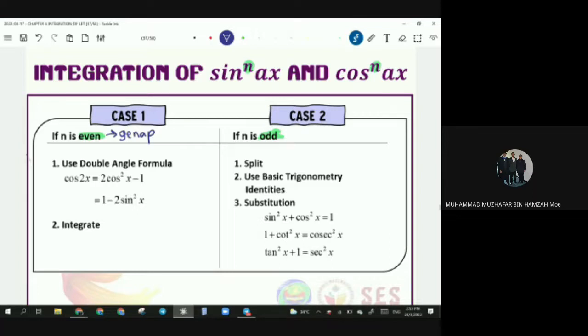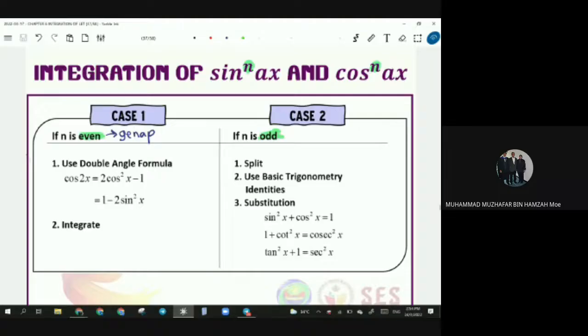Contoh odd, integrate cos cube ataupun cos kuasa 5. Kalau kuasanya tu genap, kita akan use double angle, lepas tu baru integrate. Kalau kuasanya tu ganjil, kita akan gunakan metod ni: split, basic Trigo dan substitution.